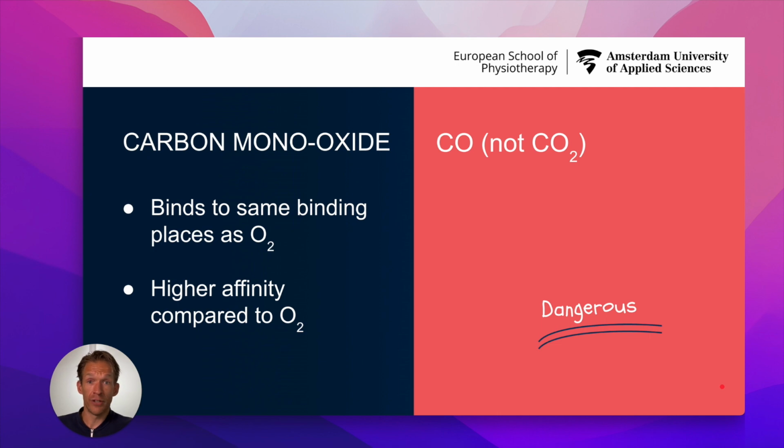And that is very, very dangerous because CO actually wants to bind to the exact same binding places as O2 on the hemoglobin molecule. And that's the reason why your body doesn't realize it's actually not O2 that is bound to hemoglobin, but it is carbon monoxide. And especially because of the affinity that is a lot higher, it's quite dangerous because your body is not going to notice until it's already too late.